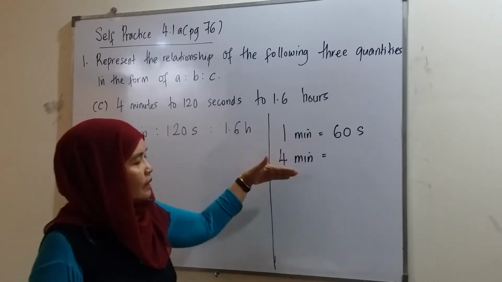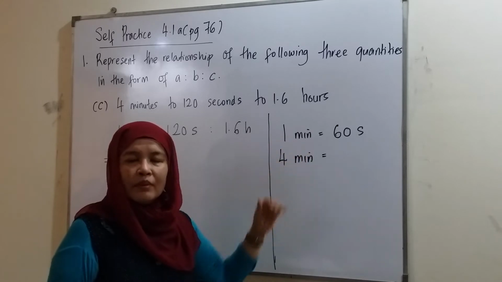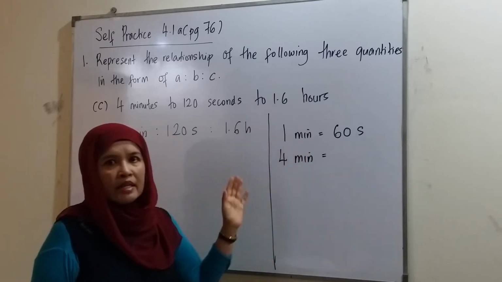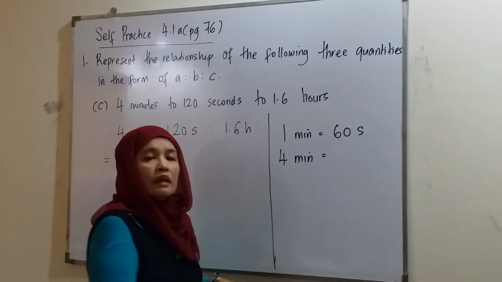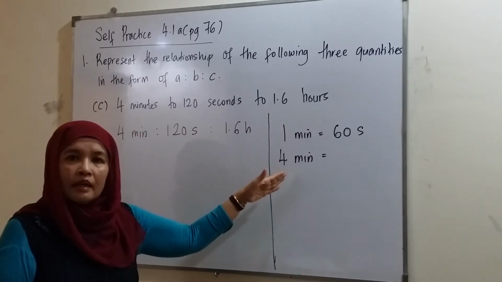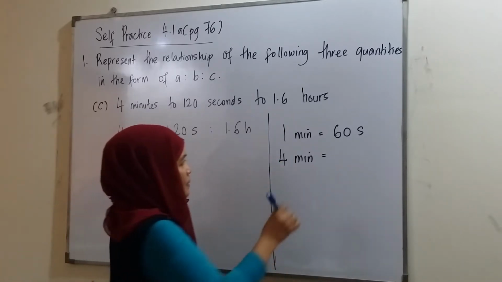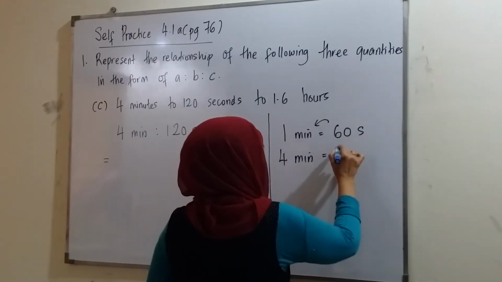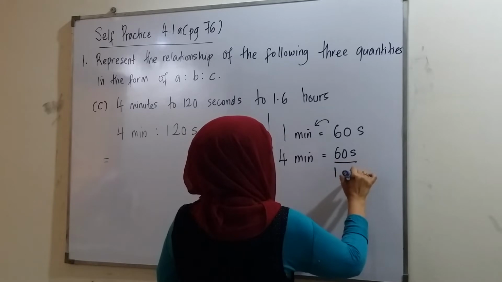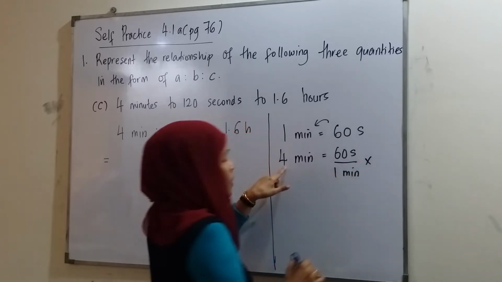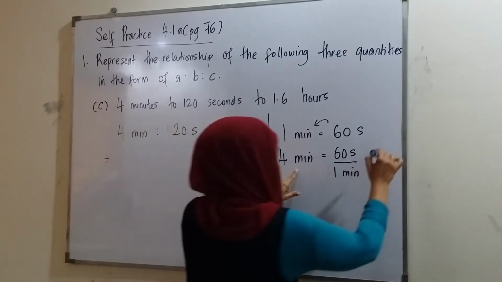When something increases, the other will also increase, or vice versa. So we calculate using the directly proportional method, which is 60 seconds divided by 1 minute multiply the 4 minutes that we want to find.